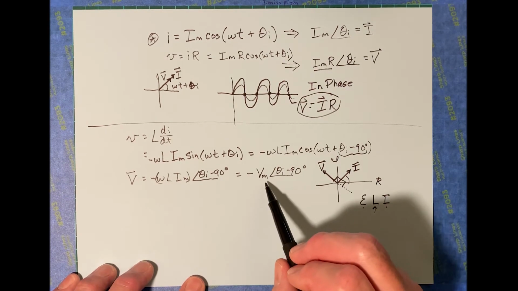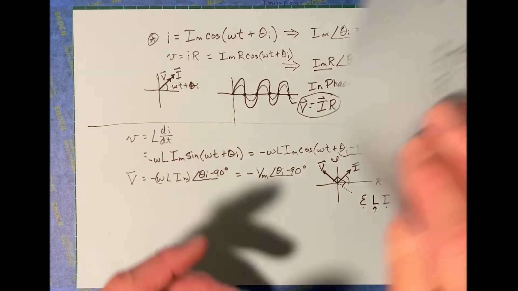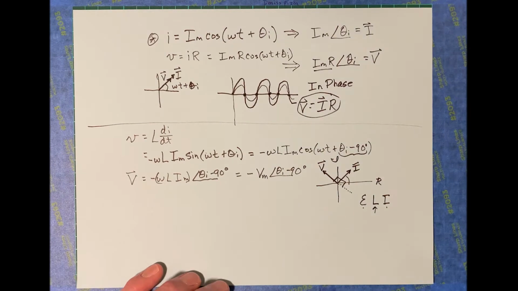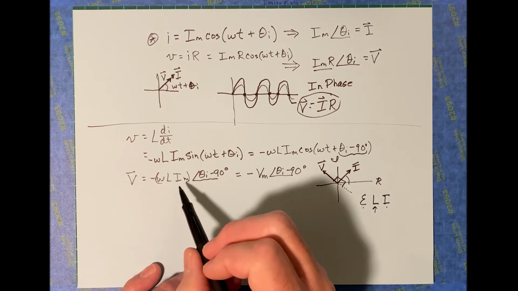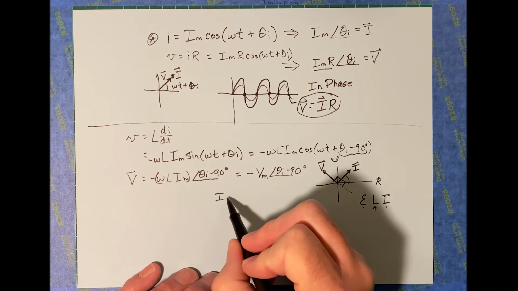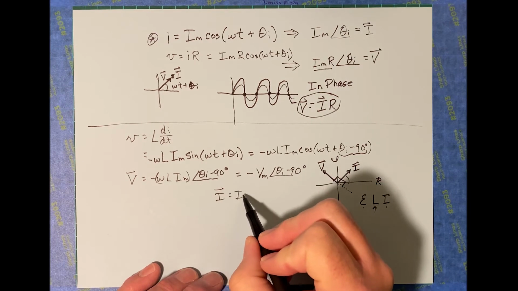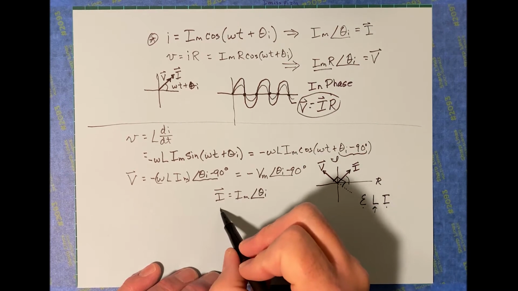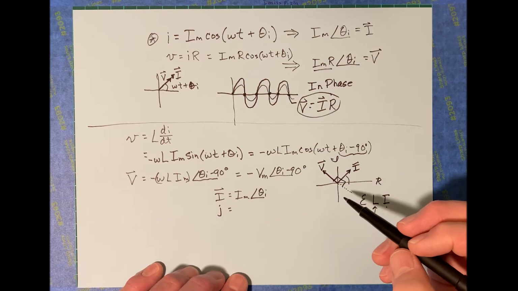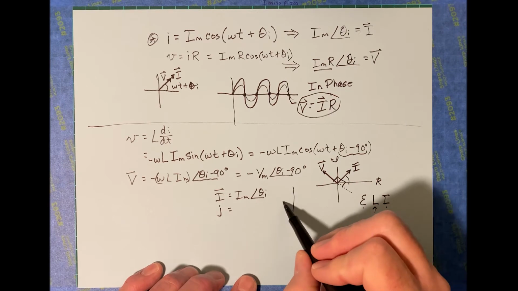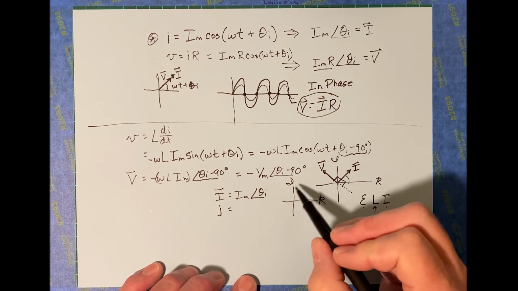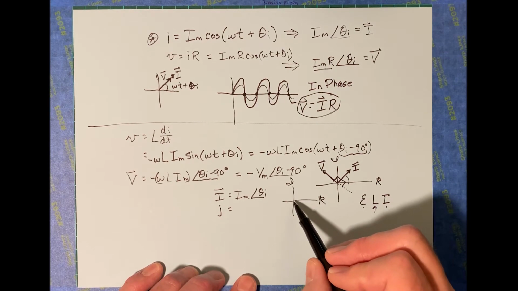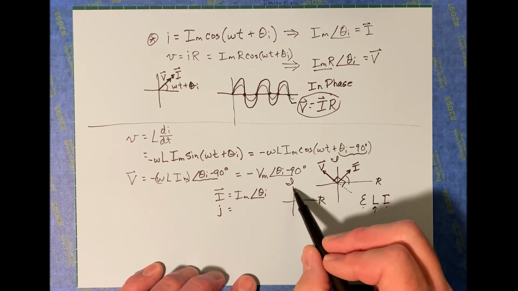All right, but we still haven't gotten to the point where our relationship looks like this. Well, let me show you something. Let's go back to this form right here. Remember, phasor I is just I sub m angle theta sub I. Well, if I took j, remember what j is. j is just the square root of -1. And on this complex plane here, where this is the real axis and that's the imaginary axis right there, j is going to be 1 along this axis.